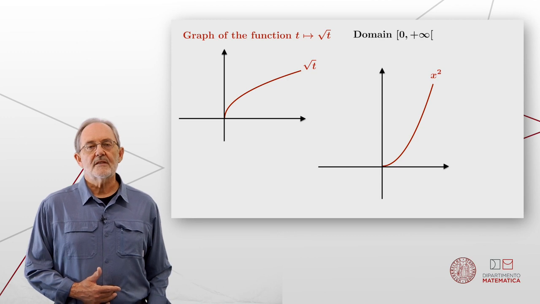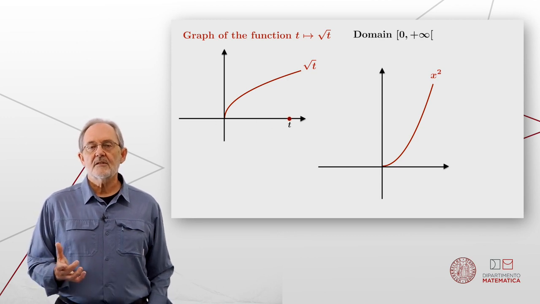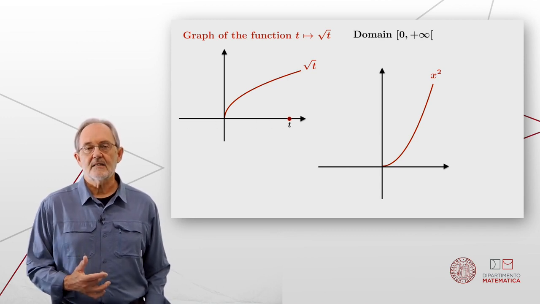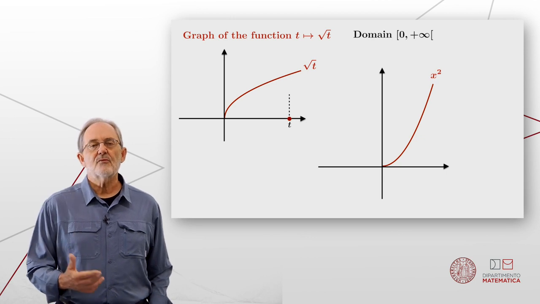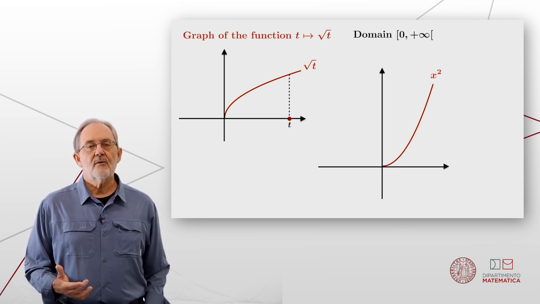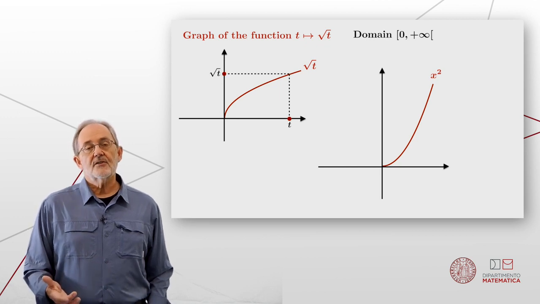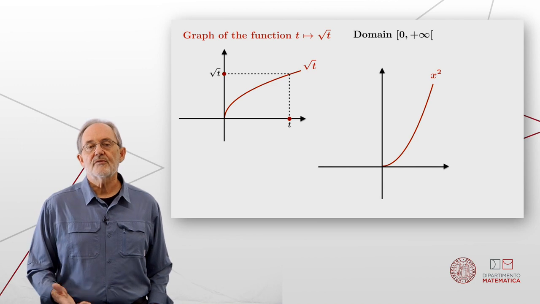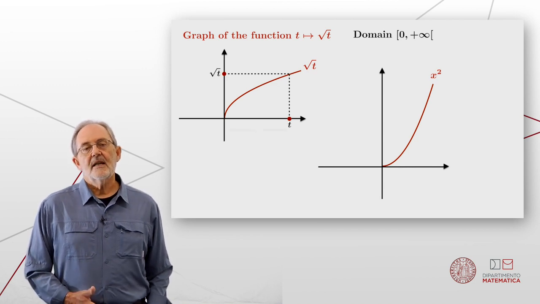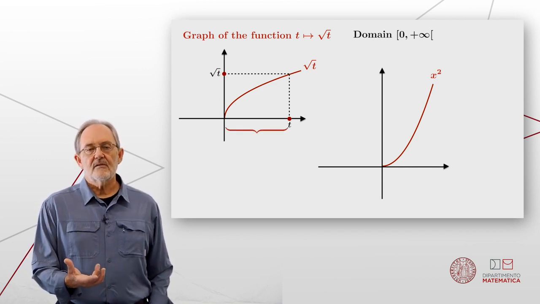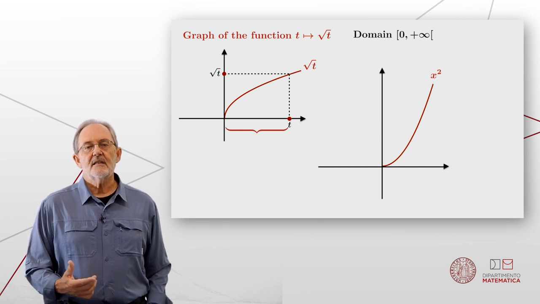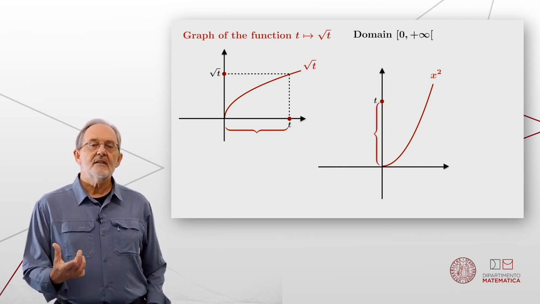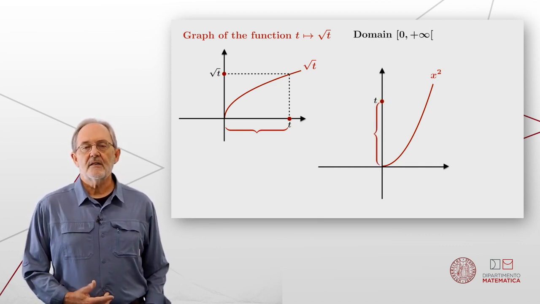Well, let's explore it. If you go out a horizontal length t along the t-axis in the graph of root t, what point on that graph corresponds to that value of t? Answer, it's a certain point whose vertical height is the square root of t. Now, suppose you take this length t and you place it vertically along the graph of the function x squared.